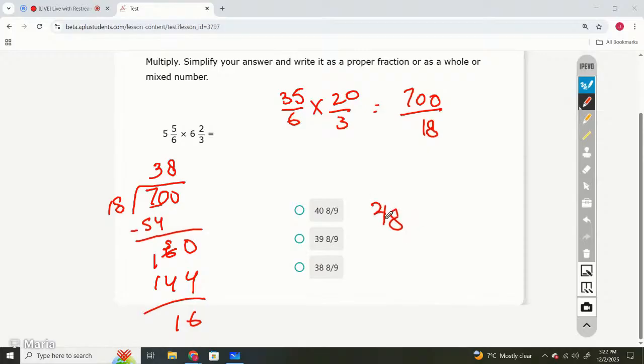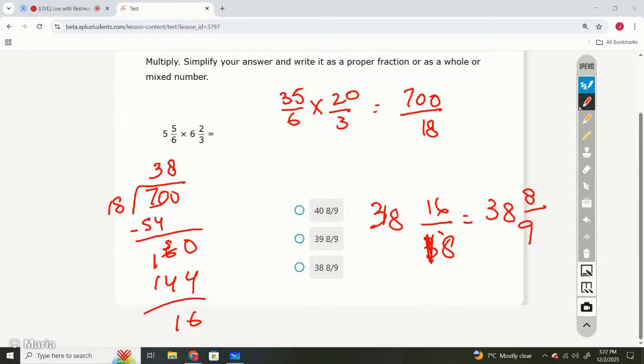That is 38 whole 16 by 18. Divide them by the greatest common factor, that is 2. So 38 whole 8 over 9.